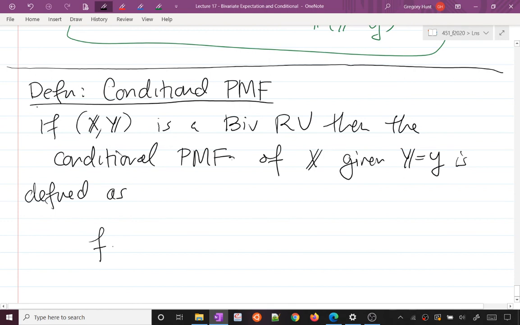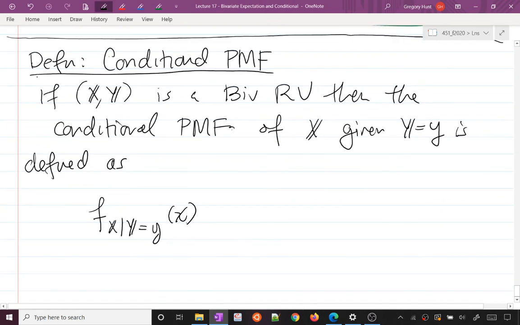And one way you could write it is little f of x given y is equal to little y, of little x. So this is the Pmf of x given y is equal to little y at x, or another way people write it is f of little x bar little y.